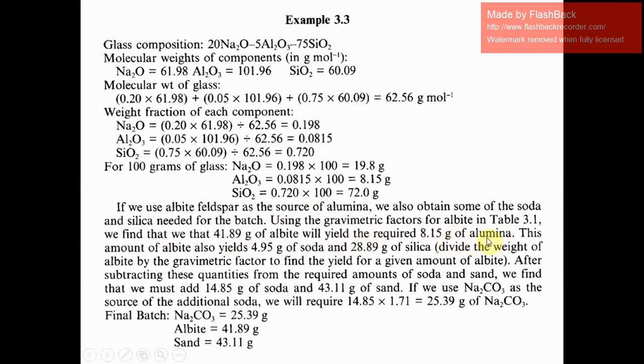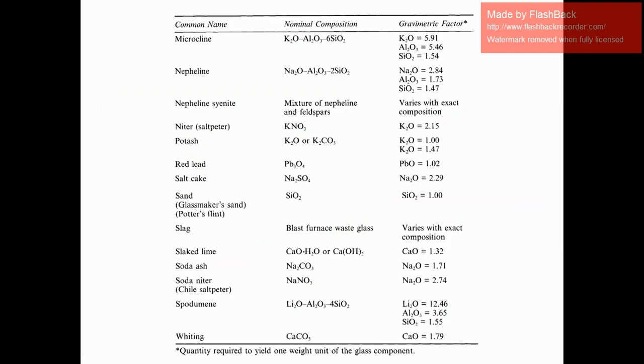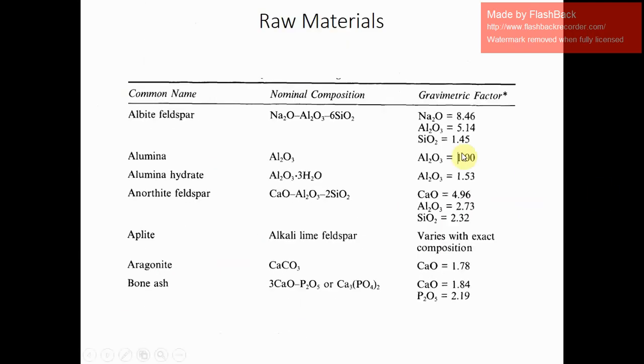So we are thinking about alumina first. We have to choose a raw material for a particular oxide to get 100%. So in this we are taking Albite feldspar for 100% of the alumina. So for getting 8.15 gram of alumina from Albite feldspar, what do we have to do? We will multiply 8.15 by this 5.14.